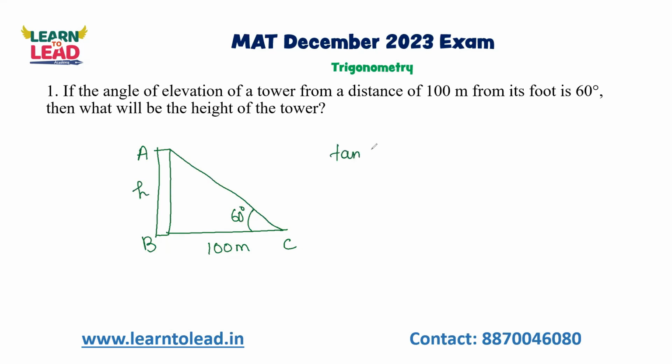Now, tan 60 is equal to, so what is the basic formula for tan theta? Opposite by adjacent. Opposite is here nothing but AB divided by adjacent BC. Tan 60 is equal to root 3, which is equal to AB divided by BC.